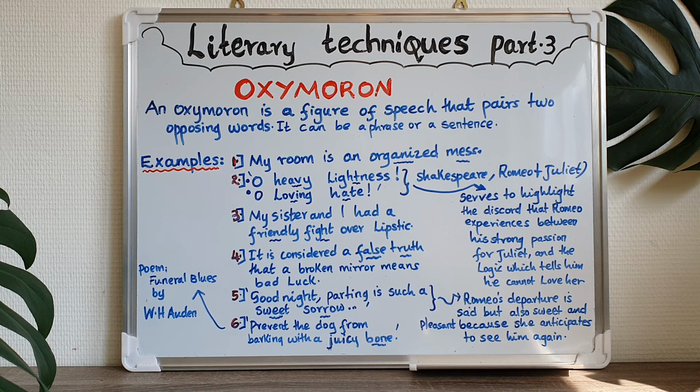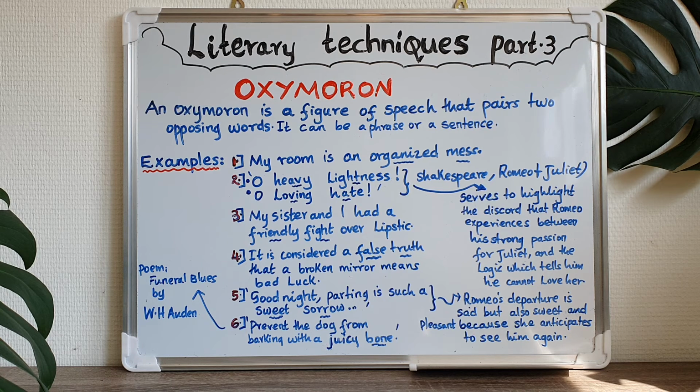Now think about a bone. A bone has no flesh on it. It has dried up, and yet this bone is being described as being juicy. So prevent the dog from barking with a juicy bone. So if you want the dog to stop barking, then all you have to do is give it a bone.